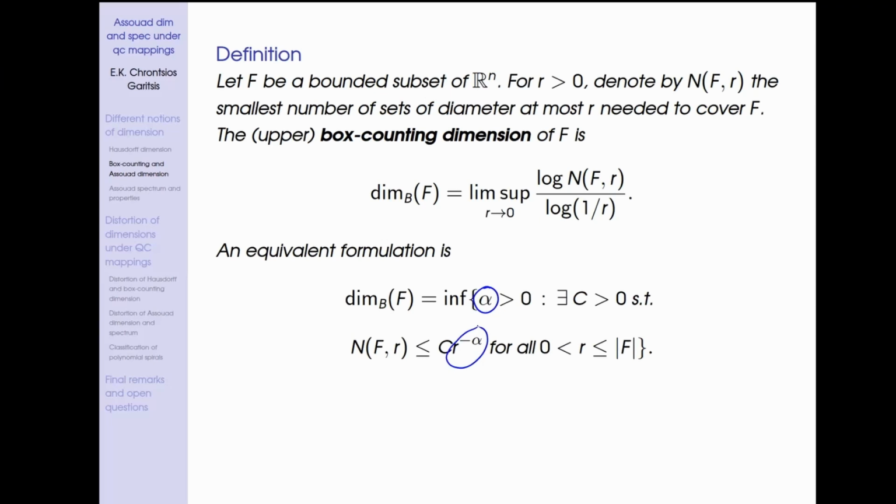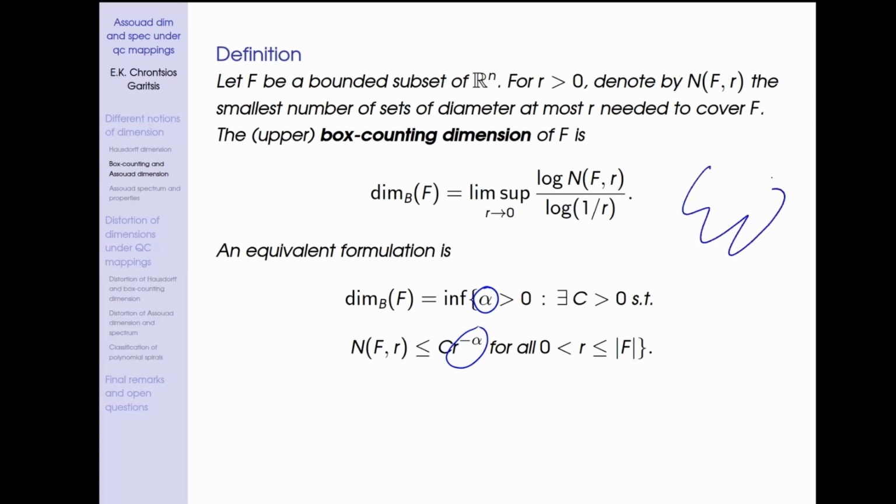If we replace this notion of N(F,R), and sometimes it's convenient to do so, by the smallest number of dyadic cubes of a certain size instead of arbitrary sets of diameter at most R, we get again the same notion.